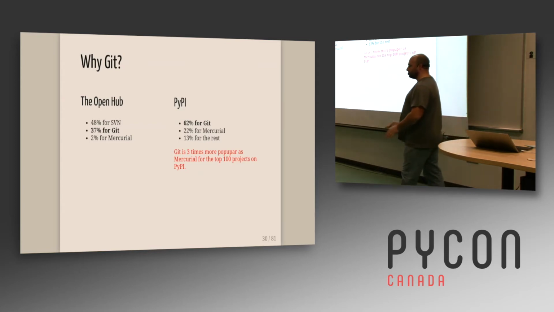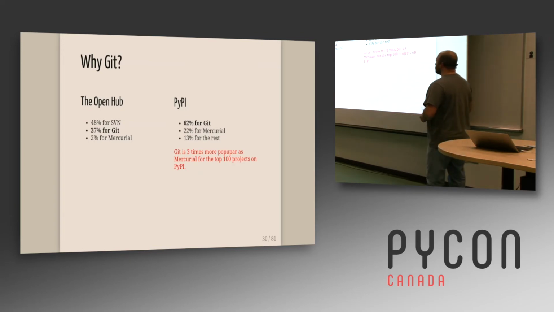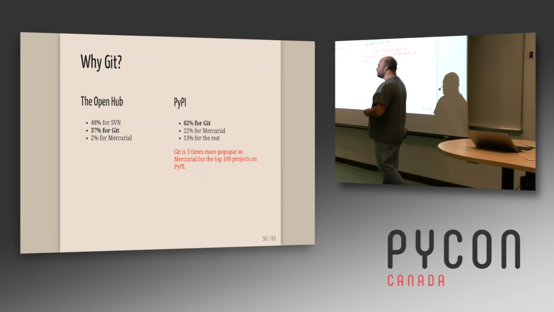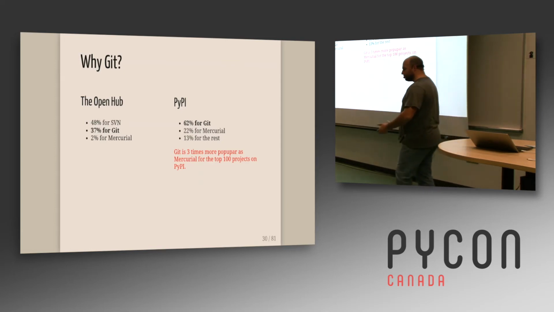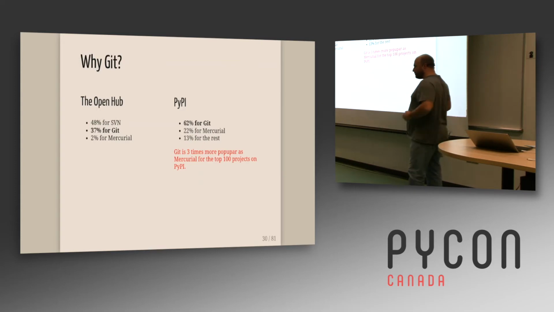Okay, first source for the statistics. The second source is just PyPy: 62% use Git. Git is just 3 times more used than Mercurial. Maybe in this case, we could use Git. Yeah, maybe, yes. Okay, we will migrate to Git.